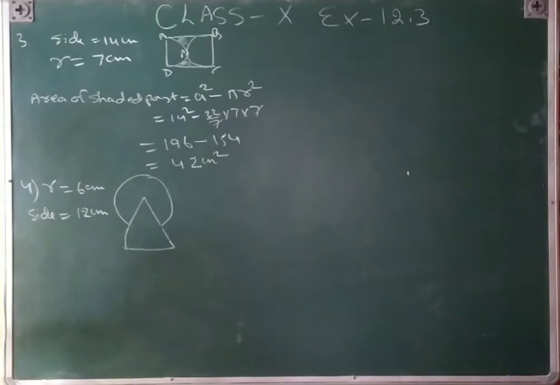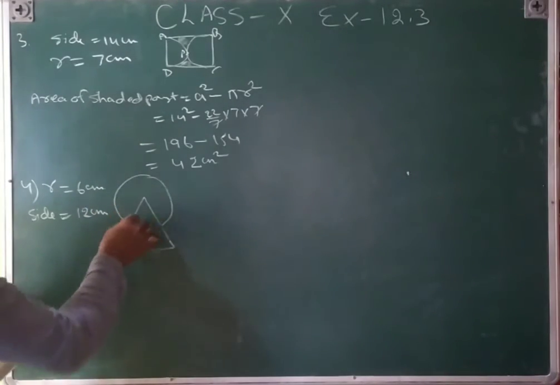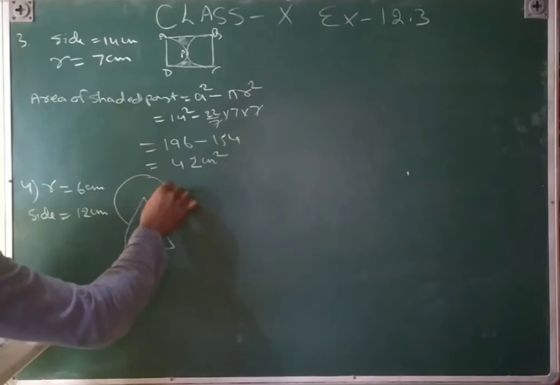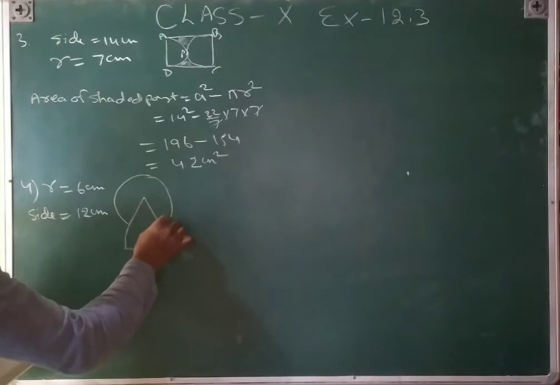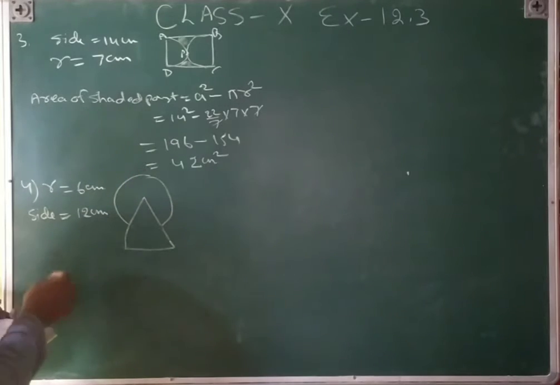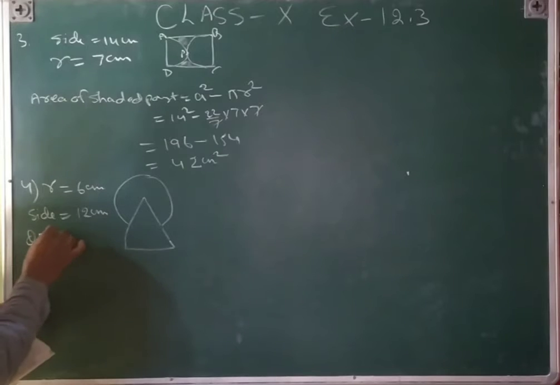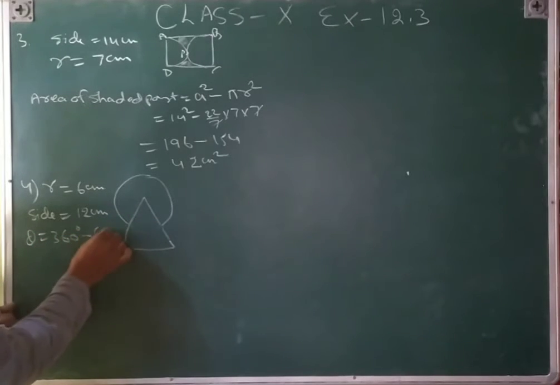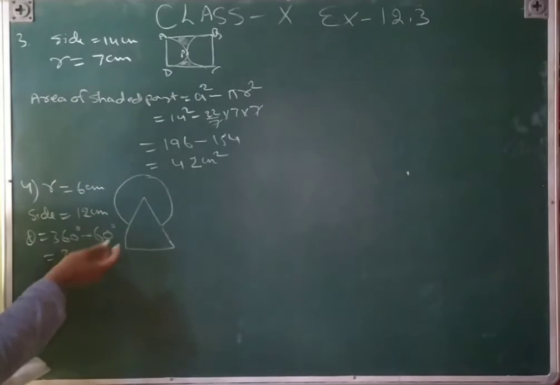Now we will find the area of triangle and area of this major sector. So theta will be, obviously, 360 minus, that is an equilateral triangle, that is 60. So that will be 300 for our calculation.